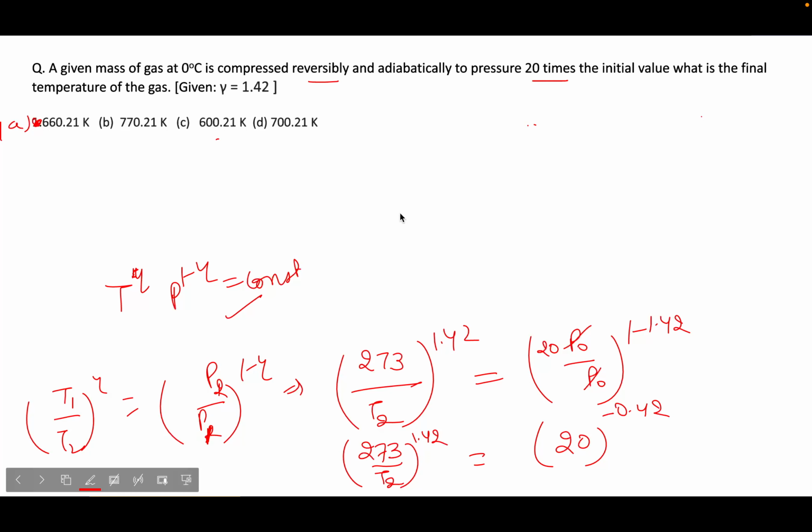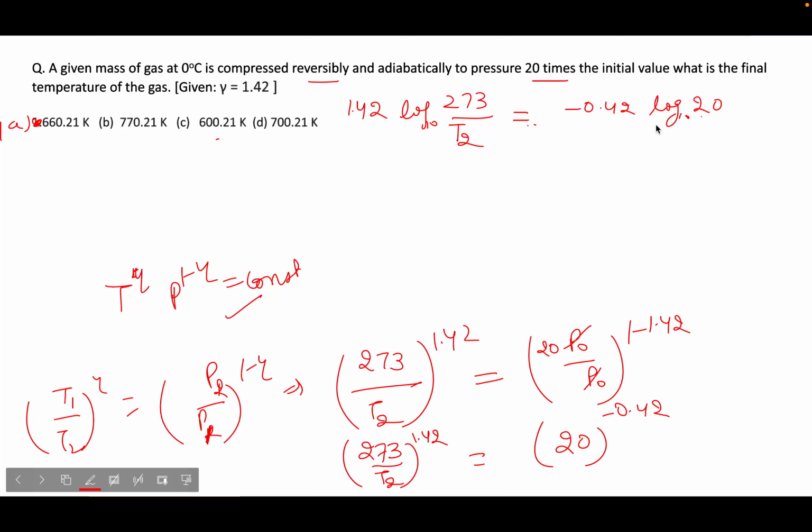Now let's take log on both sides. So 1.42 log of 273 divided by T2 is equal to 0.42 log of 20. Let's say this is log base 10.